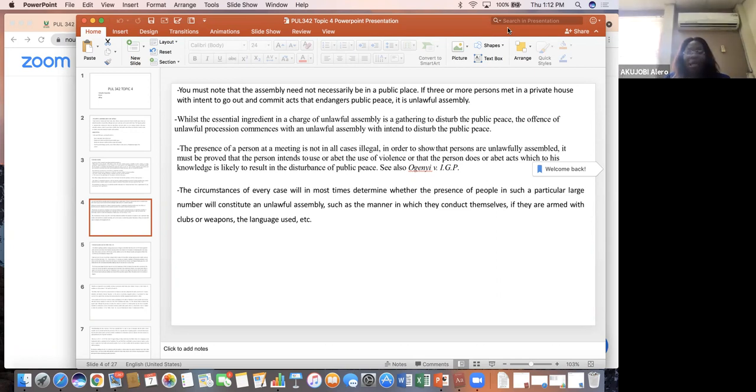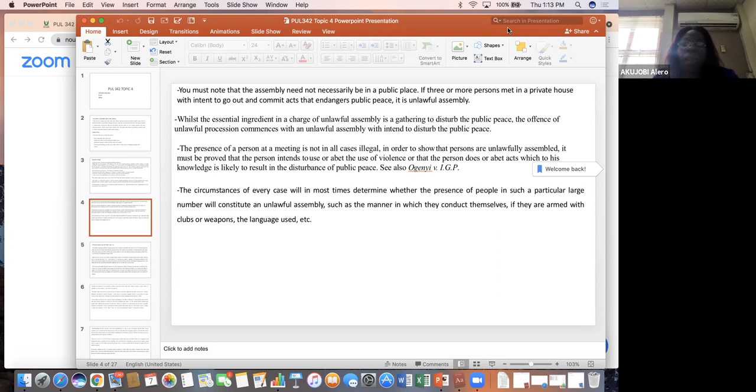So it must be proved that the person intended to use or abet the violence, or that the person does or abets acts which to his knowledge are likely to result in the disturbance of the peace. This is the case of Ogeni and IGP.